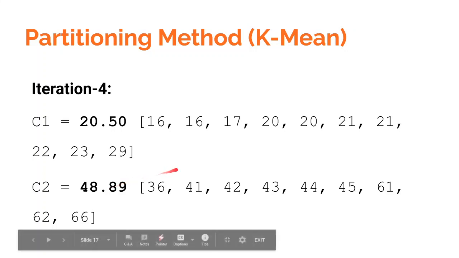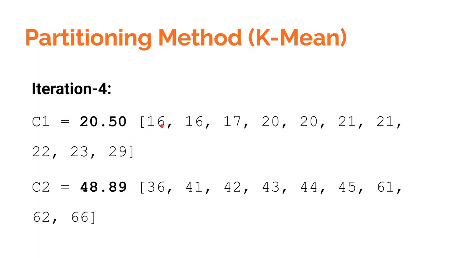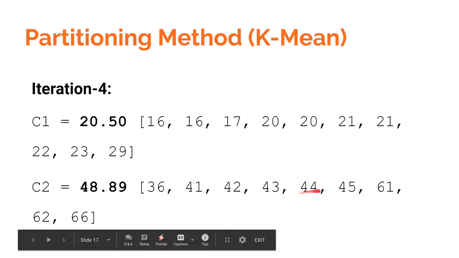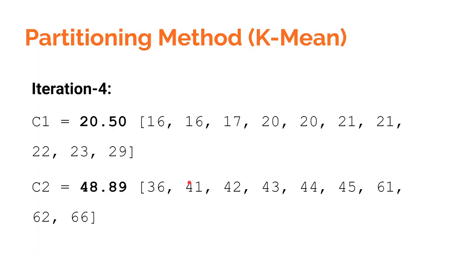So again if you compare the rest of the data with this central value, you will get the same cluster result. It means the similar values will be present in cluster 1 and the values from 36 to 66 will again be present in cluster 2. No change in the data sets of both clusters will take place.